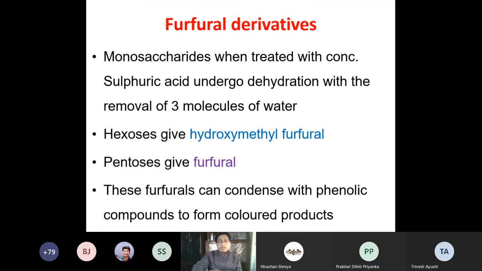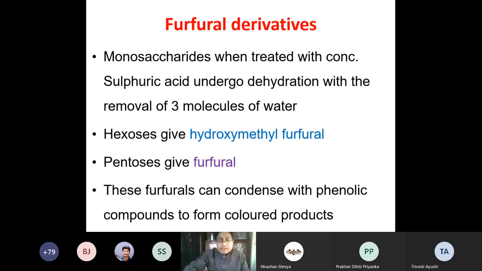Now the next property is the formation of furfuryl derivatives. Monosaccharides, when treated with concentrated sulfuric acid, undergo dehydration with the removal of 3 water molecules. In the case of hexoses, they give hydroxymethyl furfural, and pentoses give furfural.